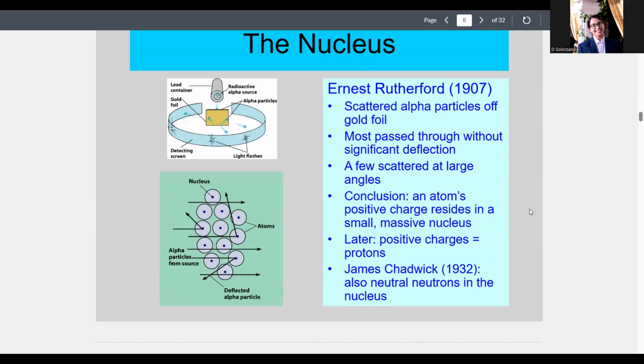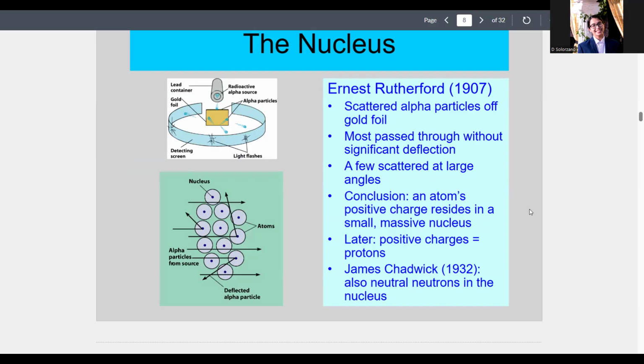Ernest Rutherford disproved Thomson's plum pudding model because he discovered that there are nuclei in the middle of the atoms. He did this by shooting radioactive alpha particles from a radioactive source through a very thin gold foil and saw that a lot of them went straight through, meaning the majority of the space was empty. And then a few of them deflected at some pretty large angles, which meant they were hitting something pretty small.